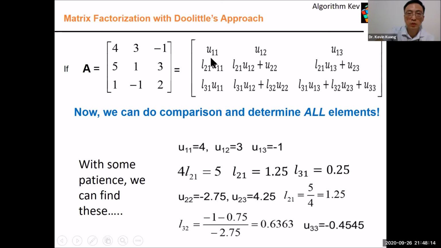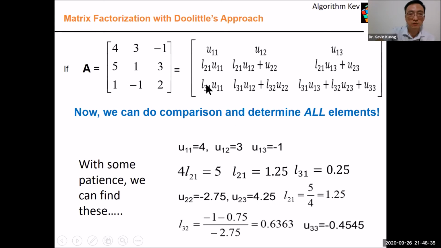U11, U12, and U13 are simply 4, 3, and minus 1. Then you go down in this manner: since we know U11 and the product of which has to be a 5, L21 must be 1.25.